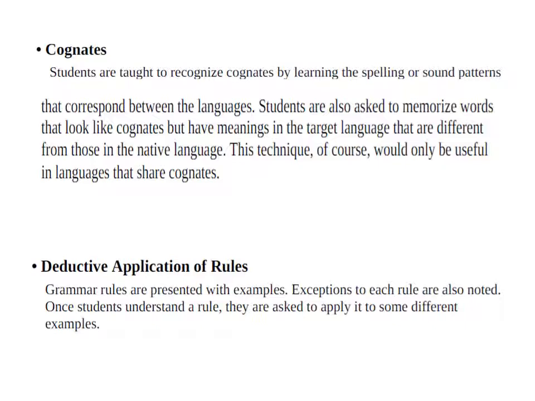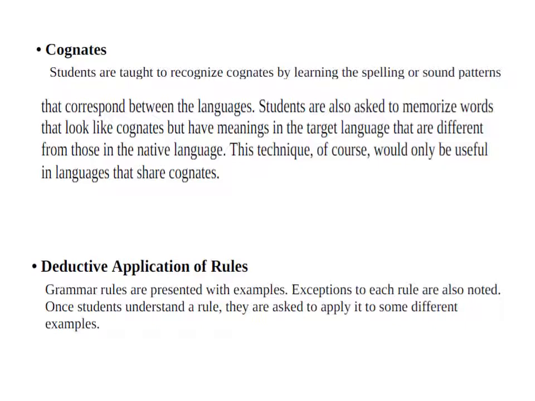So in this case, we have partial cognates, in which the words are similar in form but different in meaning. This technique, of course, would only be useful in languages that share cognates. And if cognates are available, we can use such words to help the students to learn new vocabulary items.